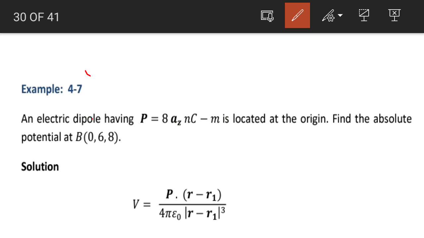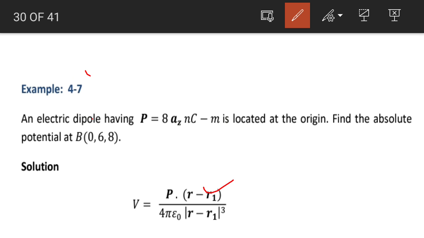What is R? R is the position vector of the point under observation. So we need to calculate R, which will be the position vector of the point under observation. And what is R1? R1 is the position vector of the point where the dipole is located. So you see the electric dipole is located at the origin.